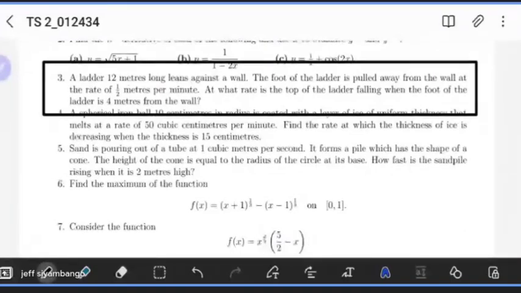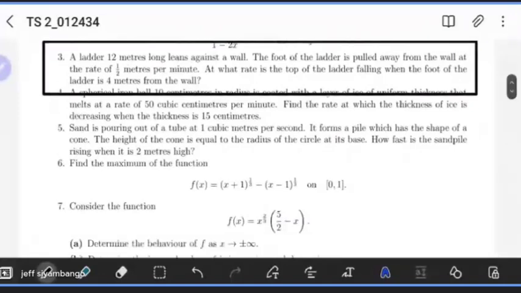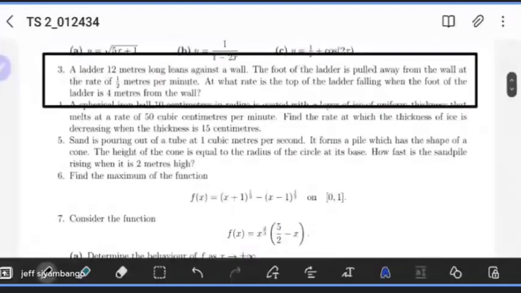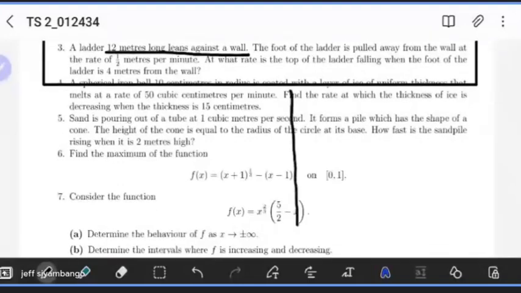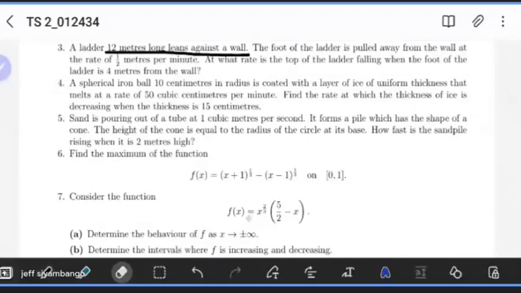The first thing you want to do is create a mental picture of your problem. So just create a simple sketch as they present. You have a 12-meter long ladder, and this leans against the wall. I'll write my wall somewhere here, and let me favor the other orientation for no reason really.